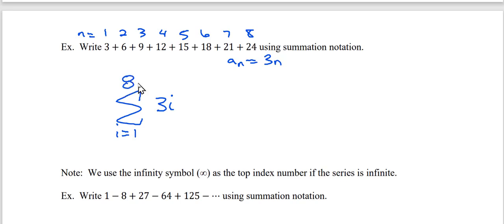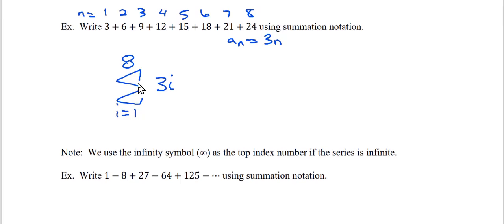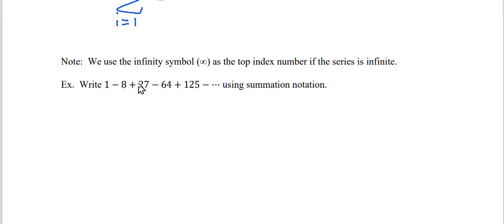That's it. All right, if we have an infinite series, we use an infinity symbol as our top index. So up here, because we have these ellipses for the dot, we are going to use infinity up here. Just to switch it up a little bit, let's say j. I'm alternating, specifically starting with the positive.